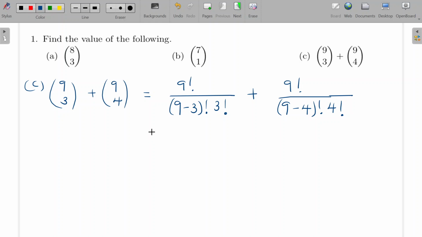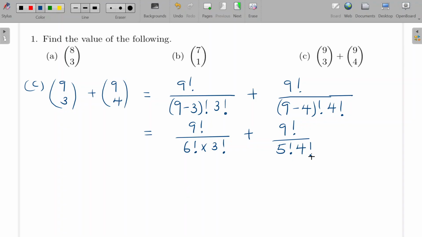Then this will be equal to 9 factorial on top over 9 minus 3, which is 6 factorial times 3 factorial, plus this side is going to be 9 factorial over 5 factorial 4 factorial.